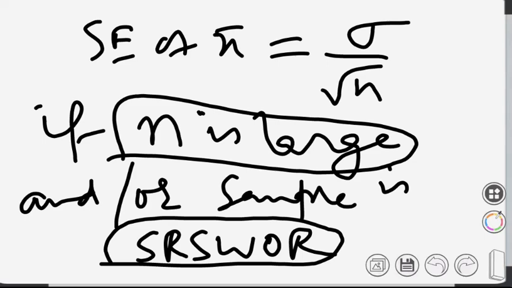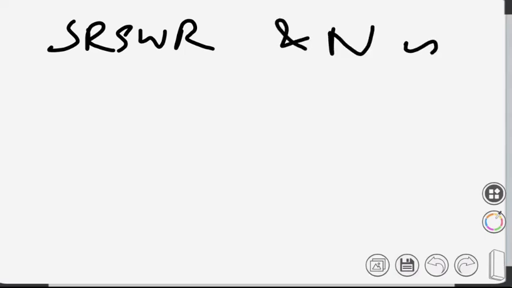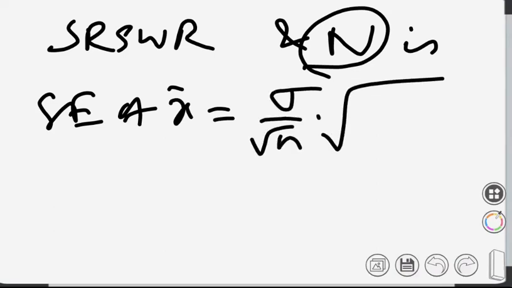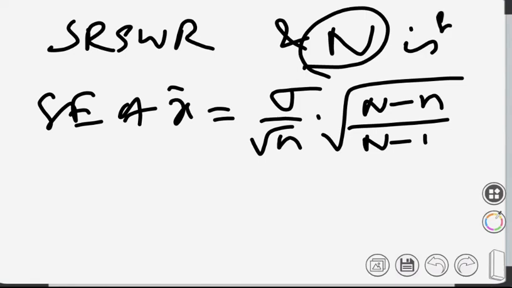And if SRSWOR, where the population size capital N is known, then the standard error of x bar is equal to sigma by root n into the square root of (N minus n) divided by (N minus 1). That is for simple random sampling without replacement, when n is small.